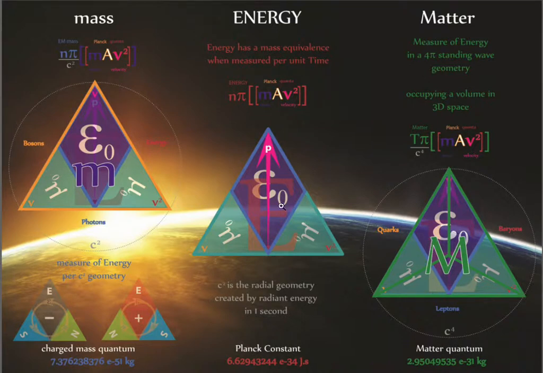And these are all equilateral mass energy momenta. Again, Tetrionics defines them as T pi geometries of energy per c to the fourth spatial geometry. And this n pi versus t pi, as well as the c squared versus c to the fourth, is usually the quickest way to distinguish between whether you're defining mathematically mass or matter.